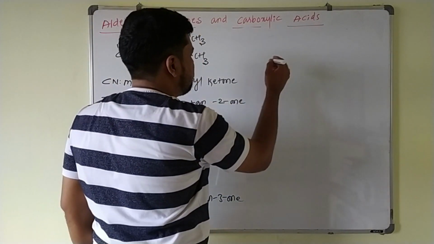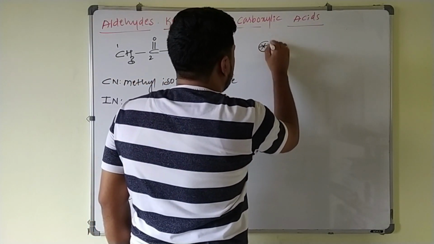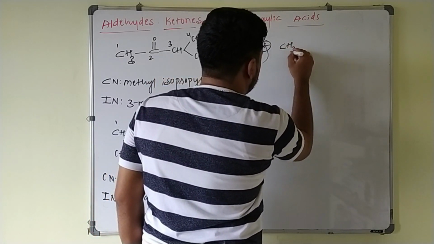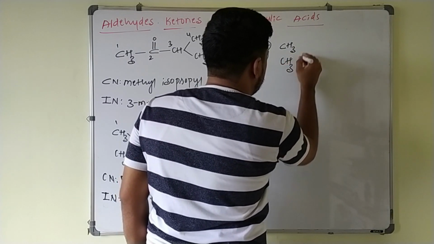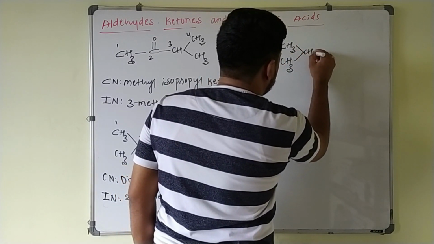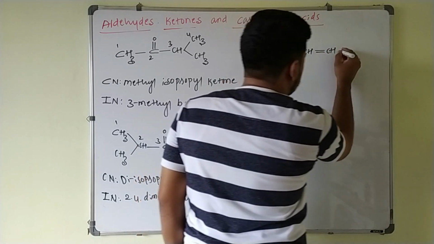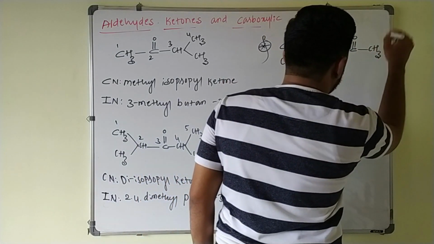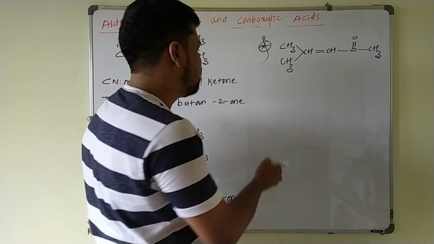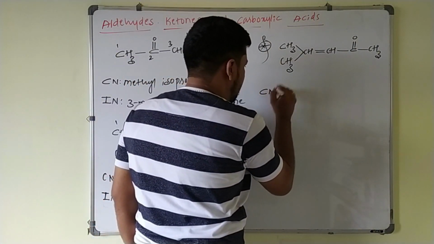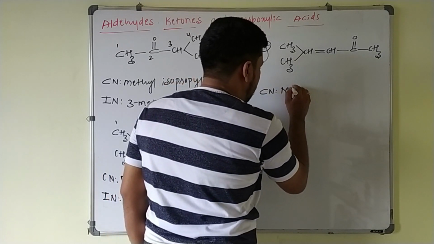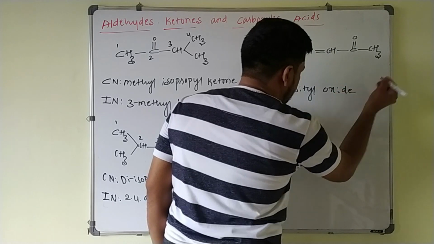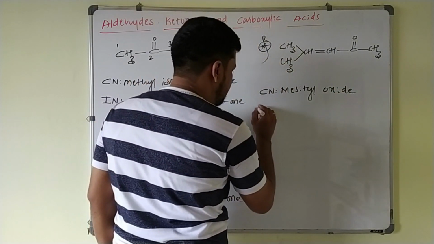Next example, this is a very important example you have to remember: CH3, CH3, C double bond CH, C double bond O and CH3. This compound has a special common name, called mesityl oxide. What is the IUPAC name of this compound?